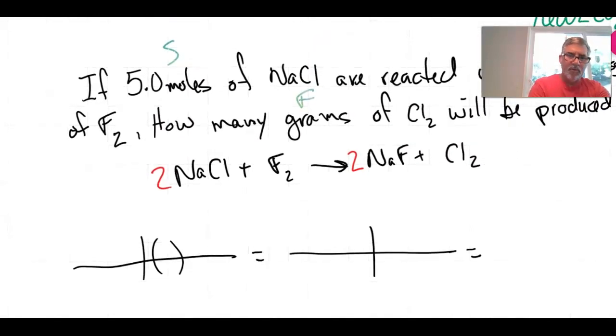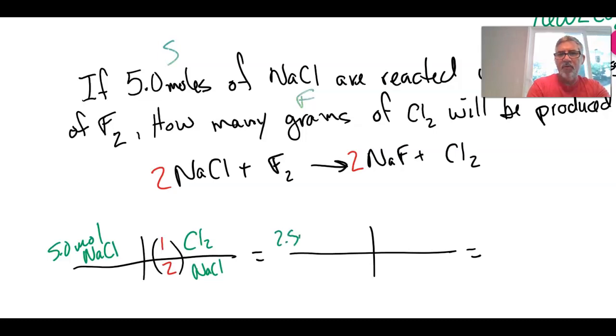Okay, so my start is 5 moles NaCl. Right. And I want to go to grams of Cl2. So Cl2 is what I want. NaCl, that's what I want to get rid of. If I look at my coefficients here, I have a 1 here, I have a 2 there.